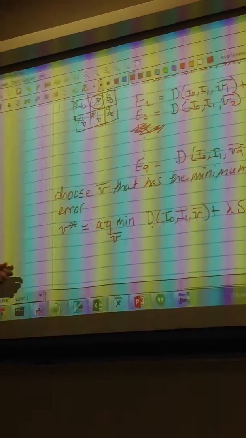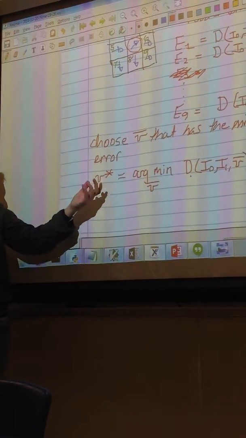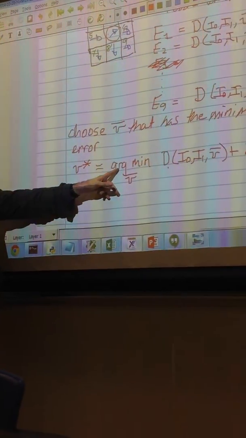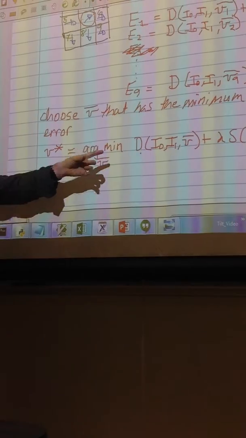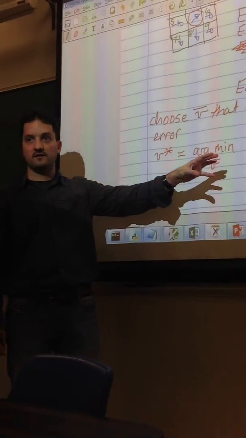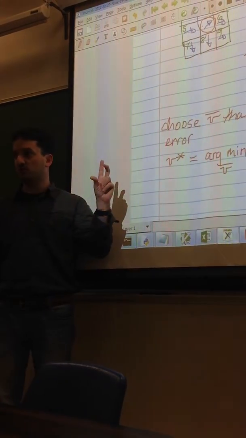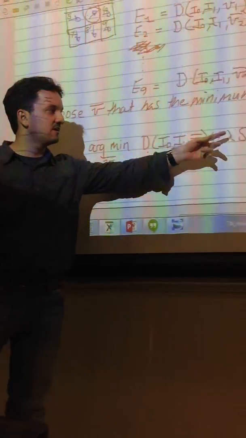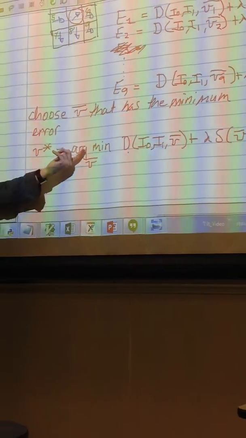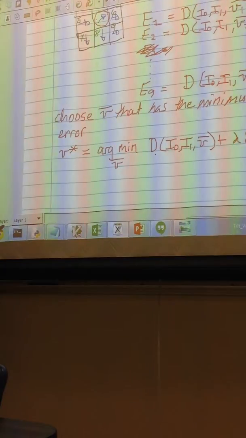So the min is probably easy to understand. If I didn't put the arg here, then I would actually be looking at E and not V. The argument basically says that I want to find the V in this framework that minimizes the whole thing. But what I'm returning is the argument, not the actual value. If I put some V in here, it gives me some value, that's the E. But by putting arg, it's saying that I want the V that gives me the minimum value.